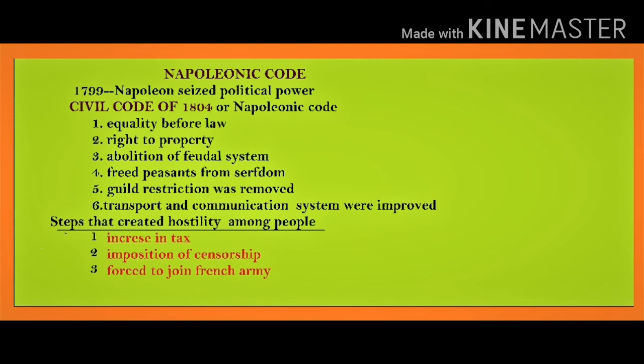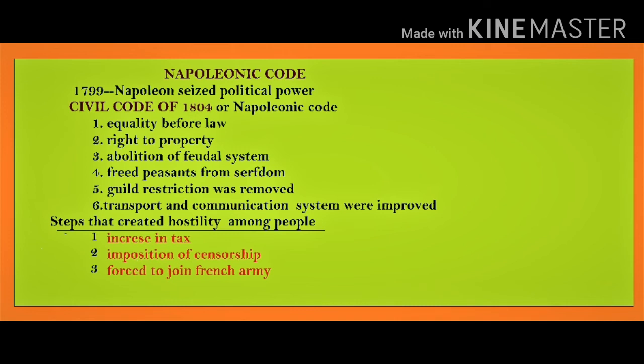Here Napoleon wanted to do away with all the privileges based on birth. Before, as all of you know, aristocrats used to enjoy various facilities and privileges just from birth, and Napoleon wanted to dismiss this idea. That's why he established equality before the law and secured the right to property.